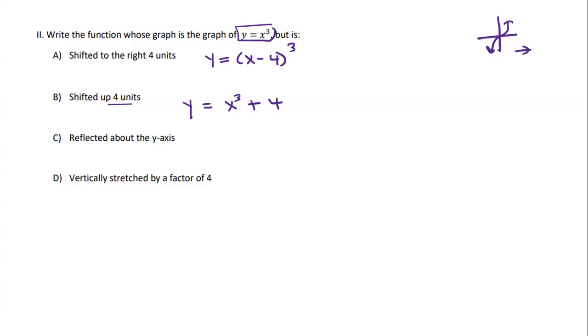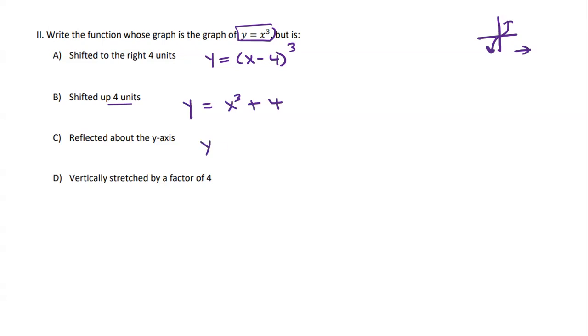Okay, so again, if the number is outside the parentheses, it's dealing with the up and down shifting. All right. Reflect about the y-axis. So that means the negative is going to be inside, right? If it was reflecting over the x-axis, the negative would be outside of the parentheses.